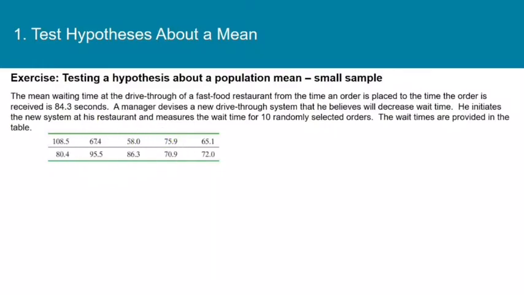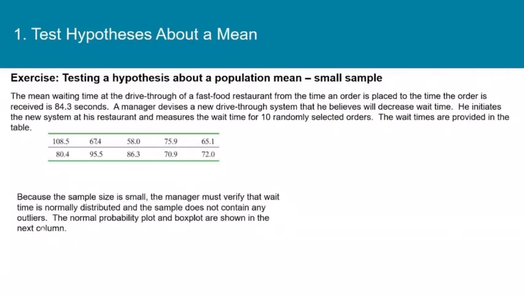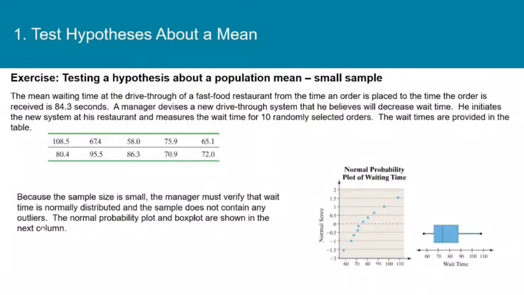So here they are. Now, because this sample is so small, we need some guarantee that it's reasonable to assume that the population that these times came from is normally distributed. And we also need to know that this sample itself contains no outliers. So the textbook has already created for us the normal probability plot and the box plot.